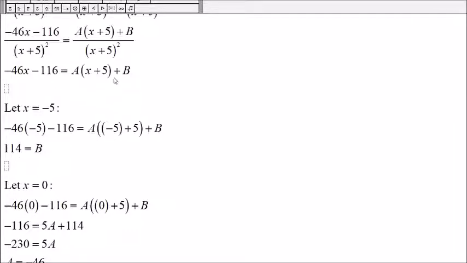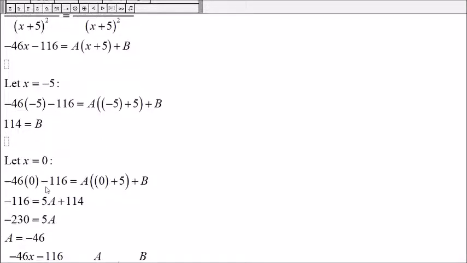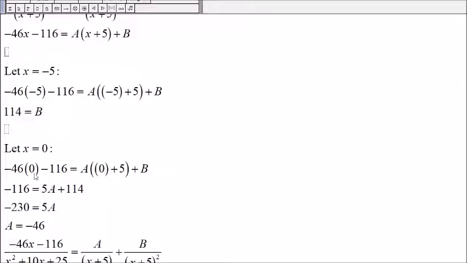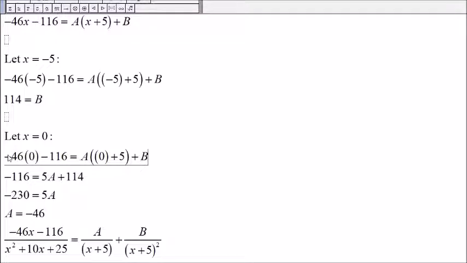And now let x be 0. Then we get negative 46 times 0 minus 116. The left side will be negative 116. B is 114, and this is 5a.